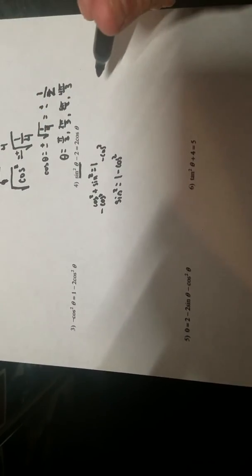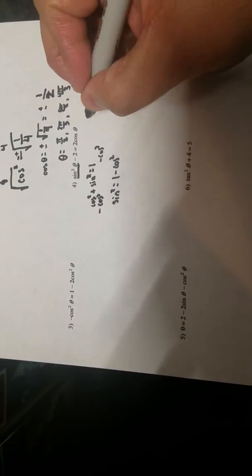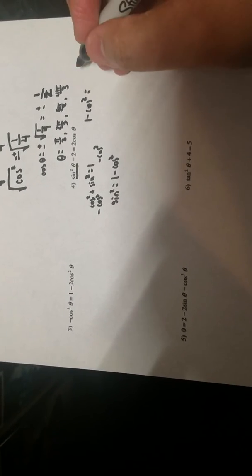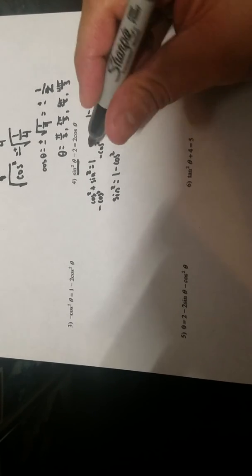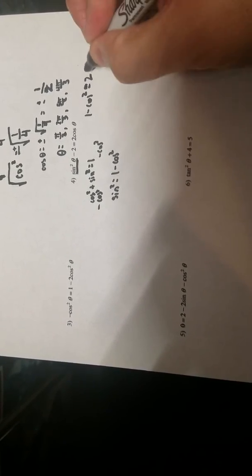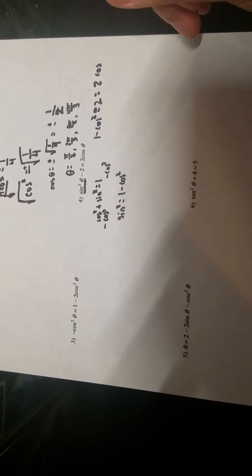Now I'm coming back to the original equation. So this over here now becomes 1 minus cosine squared minus 2 equals 2 cos theta. Okay, we can leave it like that.